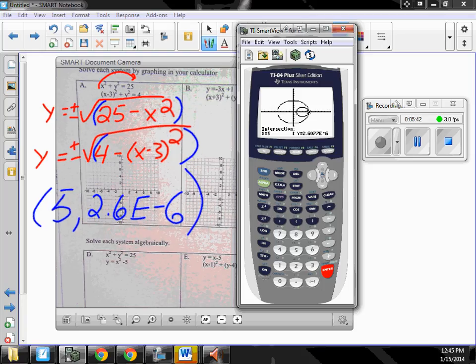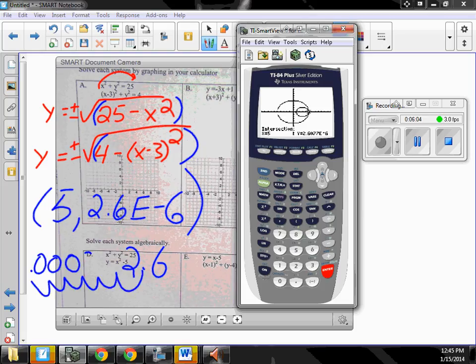Whoa. What does that mean? It's very, very, very small. That negative 6 says take the decimal to the left 6 places. So if I move this decimal 2.6 to the left, that's 0.00000026, which is really small, which is the calculator trying to be smarter than it actually is.